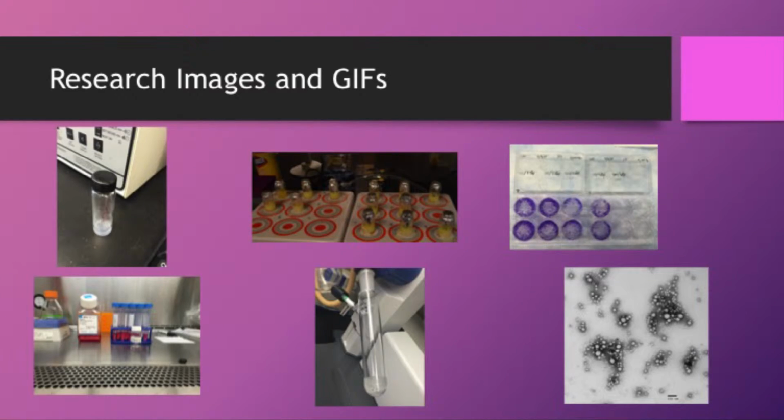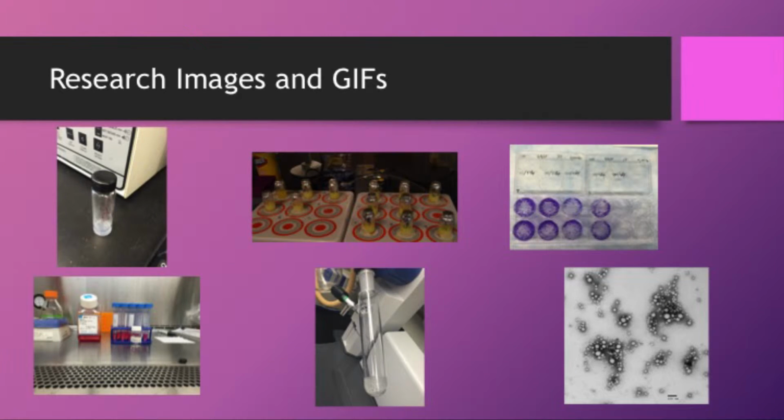In the bottom center, there's a neat picture of a vacuum-sealed rotating device that mixes the different components of nanoparticles to make these liposomes that form and carry the cancer-treating drugs. Then there's the finished product in the top right. And over on the top, we have an IC50, which helps find the specific dose of olaparib, which is the drug that we use to treat ovarian cancer.